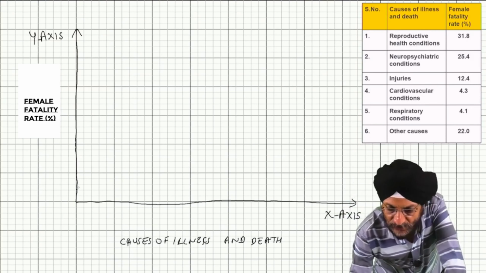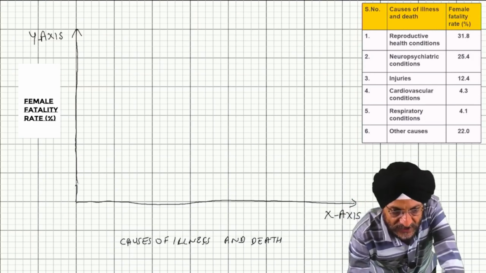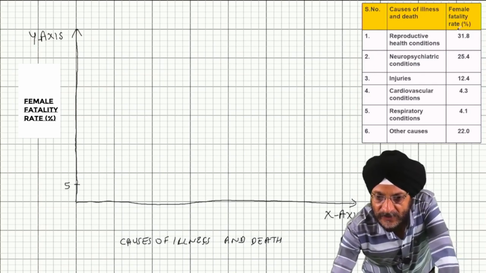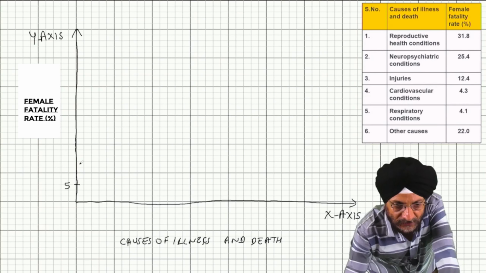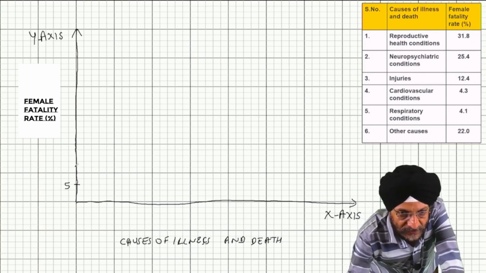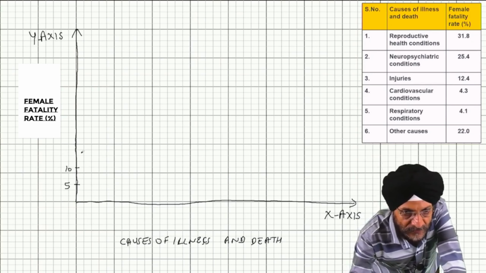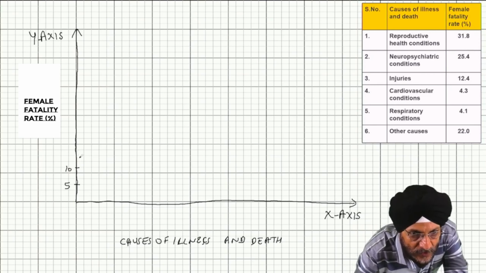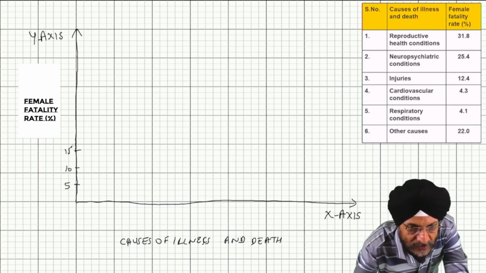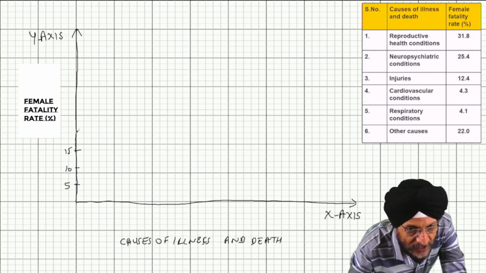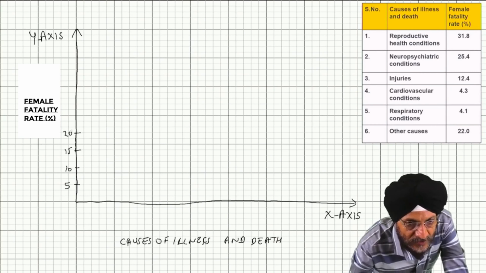So here first we will mention the lines so that we can take all these figures on this graph. This is 5, here we mention 10, 15. After every 3 cells we are taking the interval of 5.